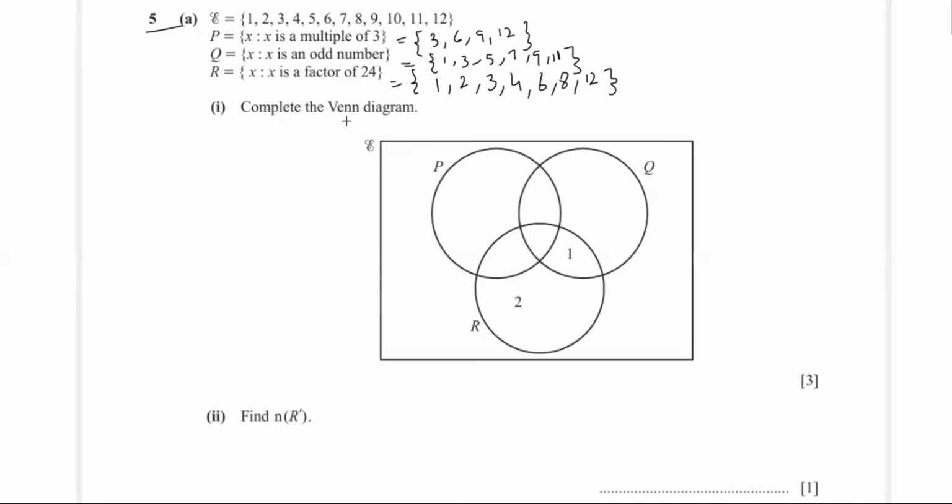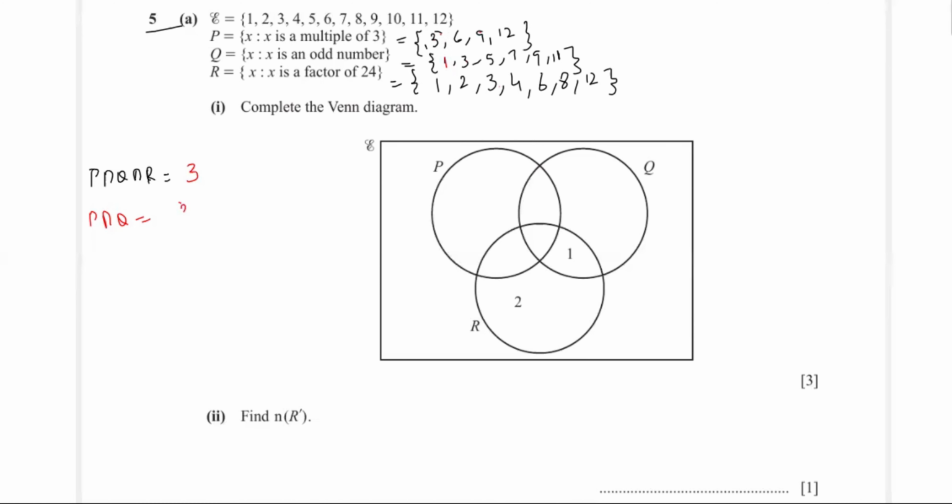Now to complete the Venn diagram, firstly we find P intersection Q intersection R. Now you see here the common between P, Q and R. You see here 3, 3 and 3, and it's only 3 that is common to all of P, Q and R. Next is the common between P intersection Q. You see here, 3 is common and 9 is common.